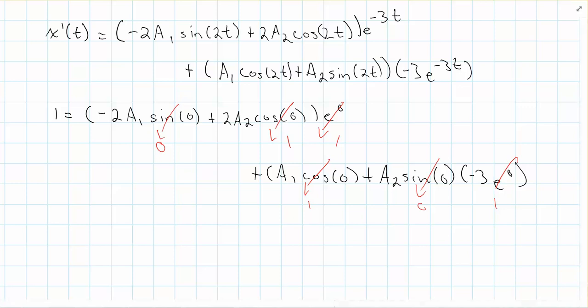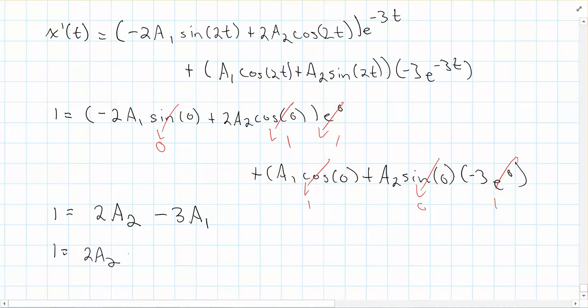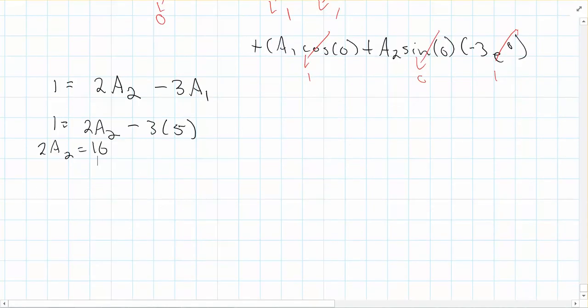So we're left with 1 is equal to 2a2 minus 3a1. 1 is equal to 2a2 minus 3, and a1 was 5. So 2a2 is equal to 16, and a2 is equal to 8.